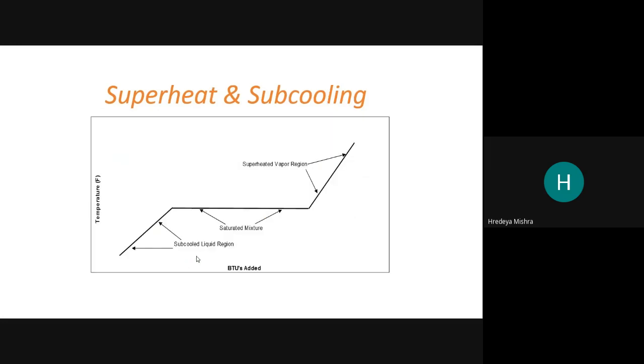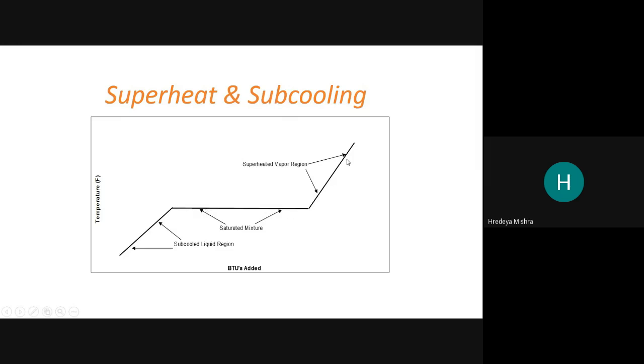So see the diagram here. This is British thermal units added. This is our Fahrenheit temperature. This line shows the subcooled region. This is the saturated mixture. Here the temperature does not increase; it is fixed from this point to this point.